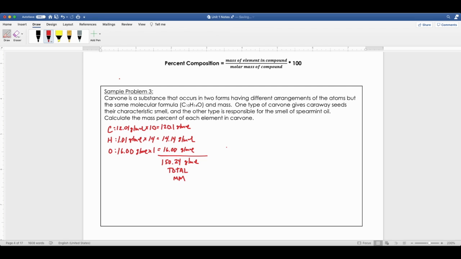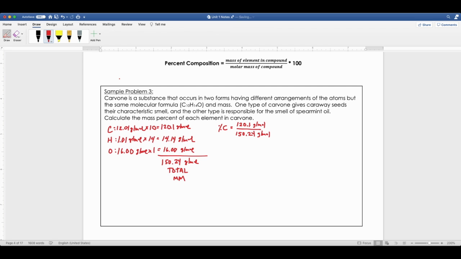If you do that, you have every single value you need to calculate the percent composition for every element. So let's go ahead and determine what's the percentage of carbon in carvone. I'm going to take the mass of just carbon in this sample, which is 120.1 grams per mole. And I'm going to divide that by the total molar mass, which is 150.24 grams per mole.